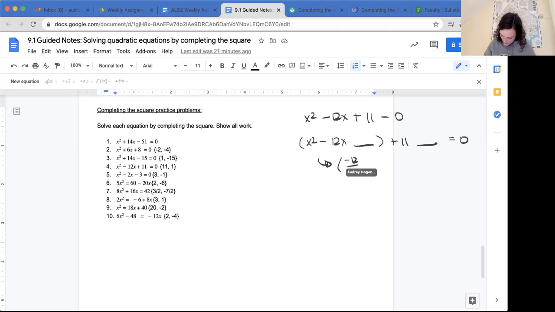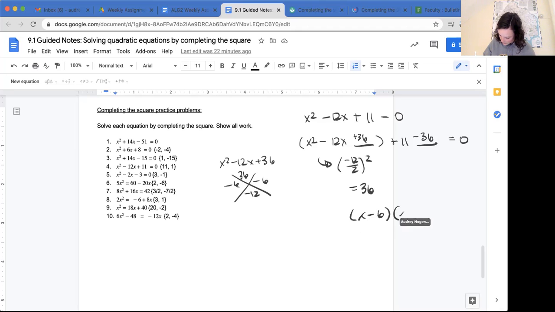Negative 12 divided by 2 squared is going to be negative 6 squared, which equals 36, so plus 36 minus 36. x squared minus 12x plus 36, that's going to be 36, negative 12, so negative 6, negative 6. So x minus 6 times x minus 6, minus 25 equals 0.